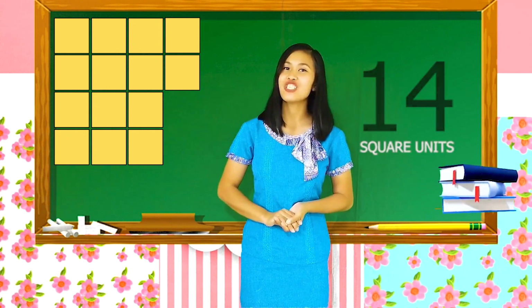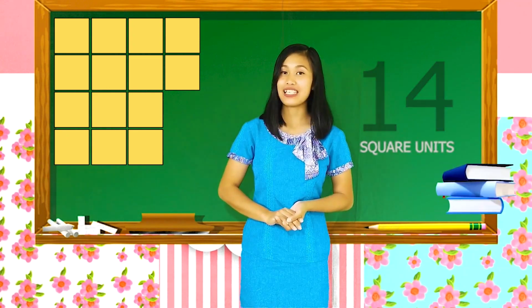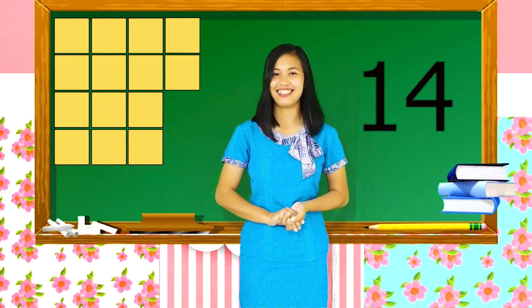What is the area of this shape? Very good. 14 square units. Because if we count the squares inside the shape, how many will we get? Very good. 14.